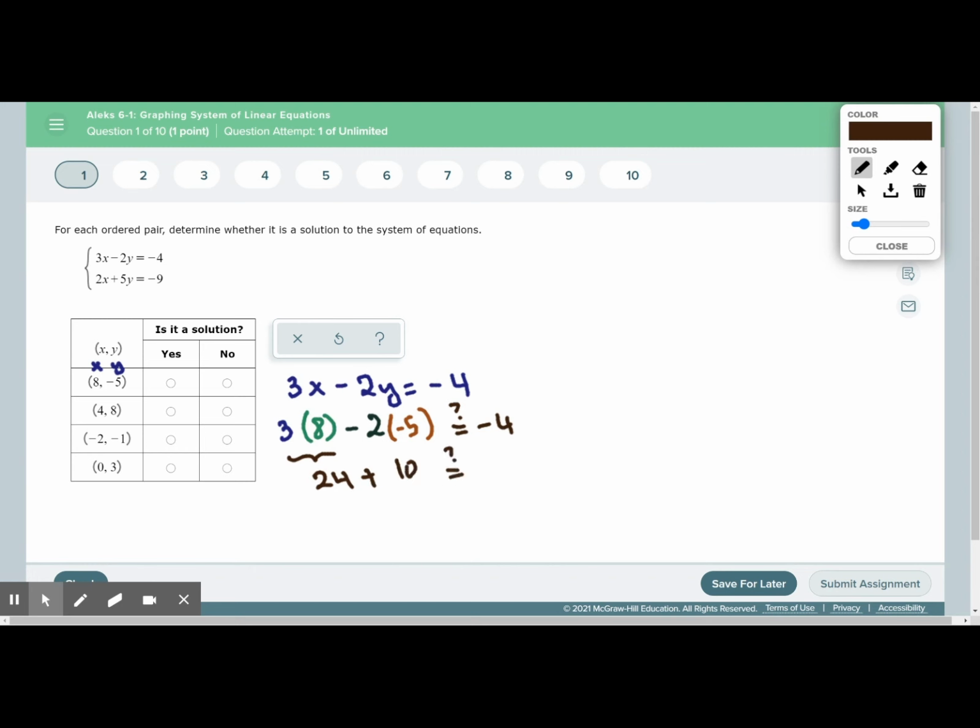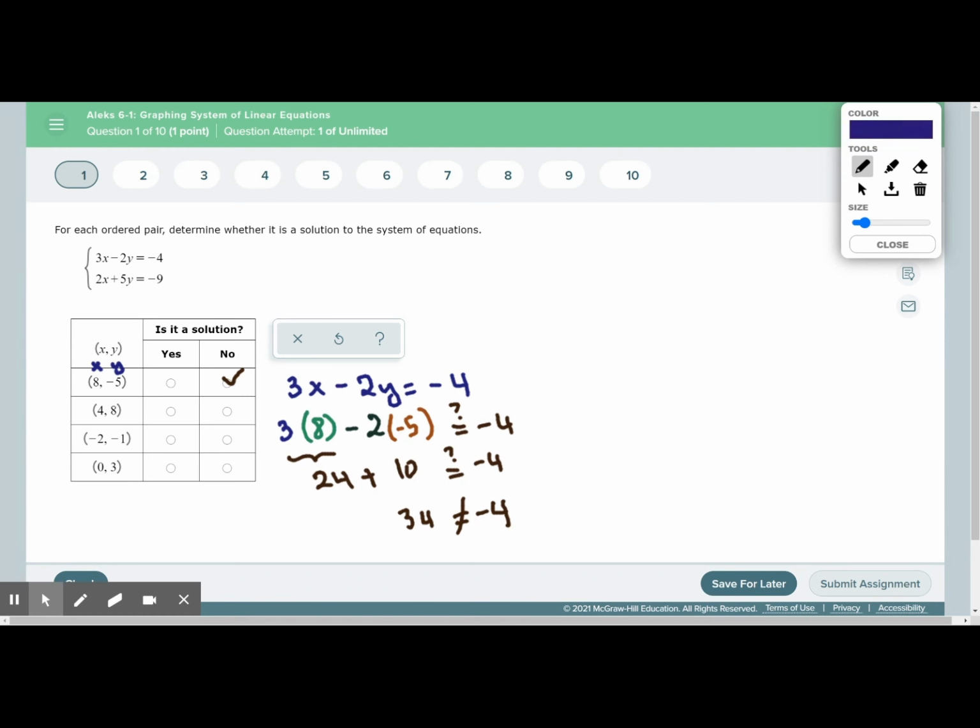Is that equal to -4? Obviously it's not. This is 34, which cannot equal -4. So we can say no right away. We don't need to check the second equation. If they pass the first equation, we're going to check the second one. If they fail the first equation, you don't have to go further.